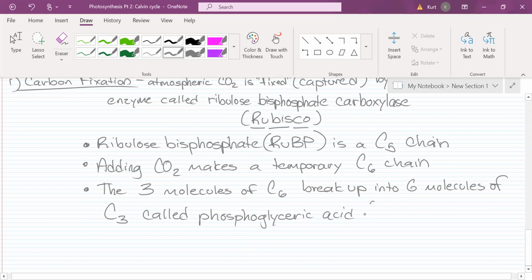You can just call it PGA. PGA will be fine. If you wanted to use that on your FRQs, that's fine. Just please be sure you know what it stands for.